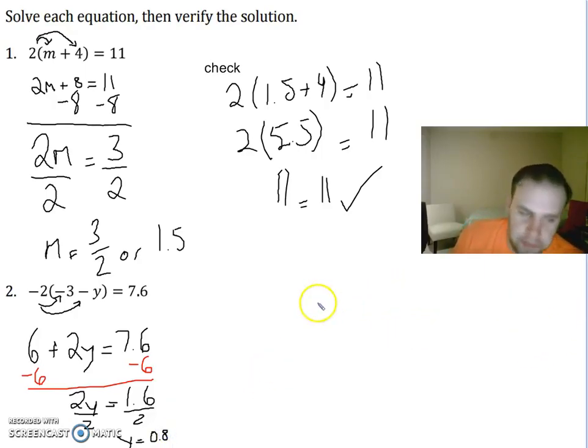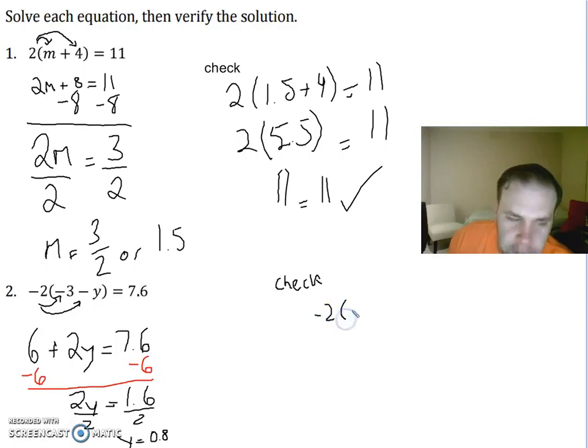Okay, let's just make sure we can solve this out by checking. Okay, so same thing, we'll write our check. So we have negative 2. And we always want to rewrite our original equation whenever we're doing our checks here.